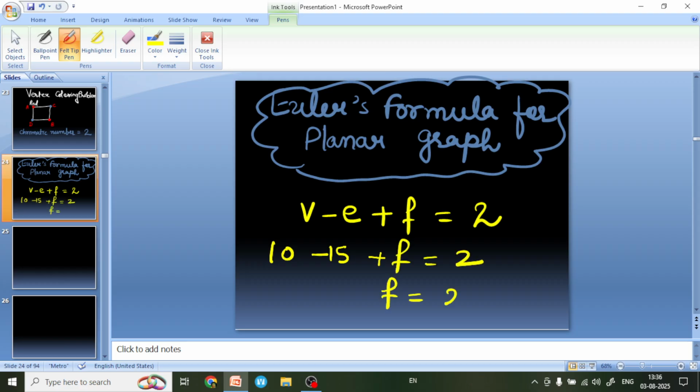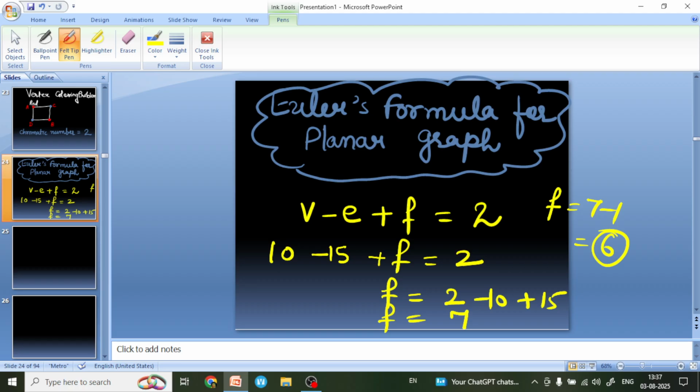F is equal to 2 minus 10 plus 15. 15 plus 2 is 17, and 17 minus 10 is 7. But in 7, one face is unbounded, so we subtract one and we find 6, and 6 is the number of bounded faces, so that's why the answer is 6.